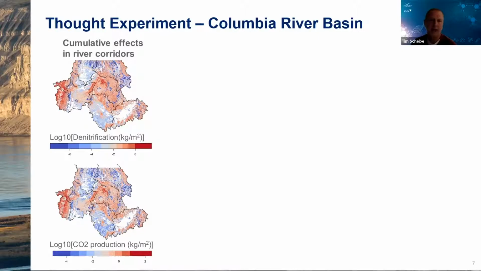And once we actually have models that we have tested and gained confidence in through this MODEX cycle, we can begin to use those models to explore what-if questions through numerical experimentation.